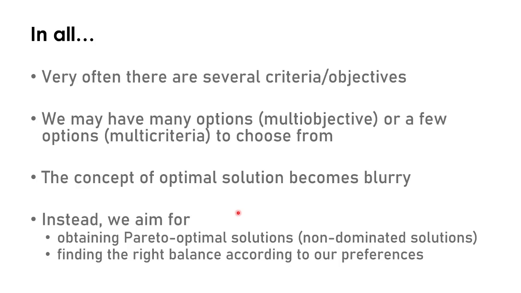So instead of aiming for the optimal solution, we try to obtain Pareto optimal solutions, which we also call non-dominated solutions, and after that, we try to find the right balance according to our preferences. So the numbers assist the decision maker to make a stand, but it's he or she who should decide which of those solutions is the one to implement.